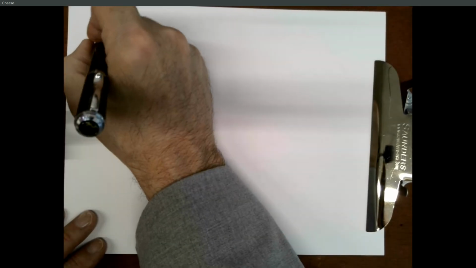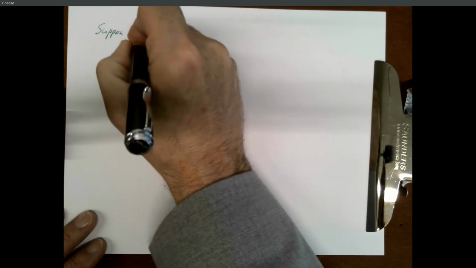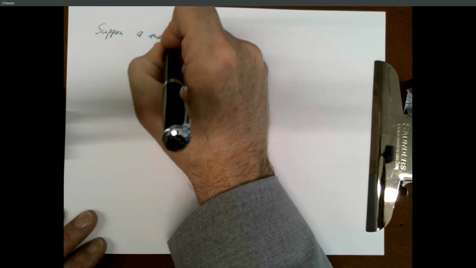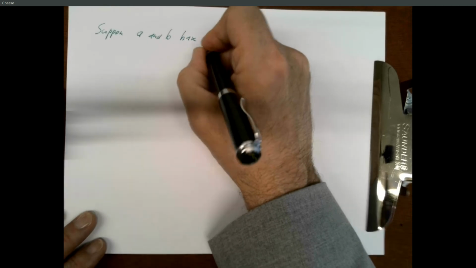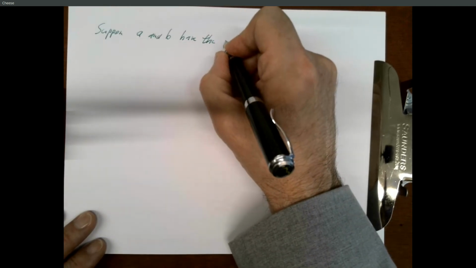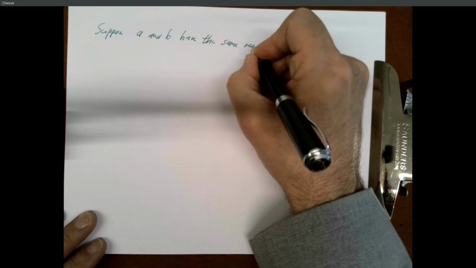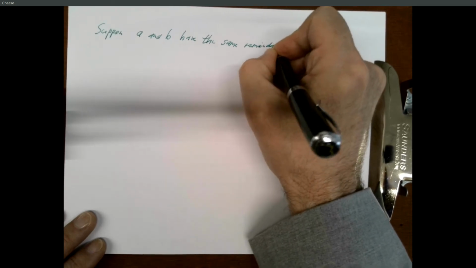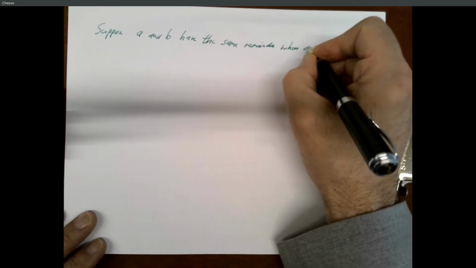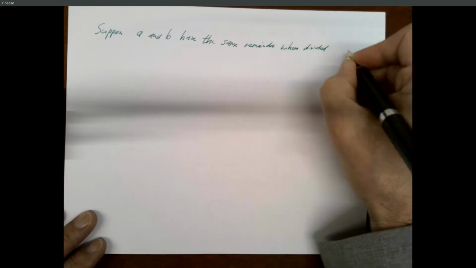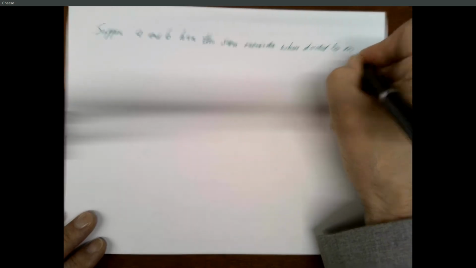So suppose a and b have the same remainder when divided by m.